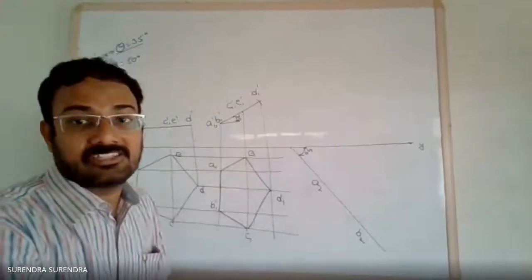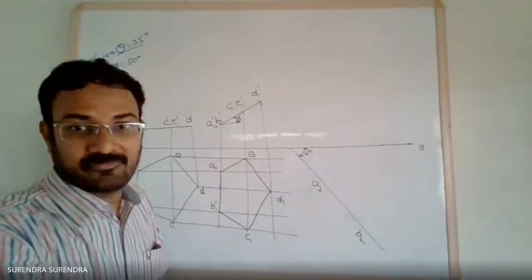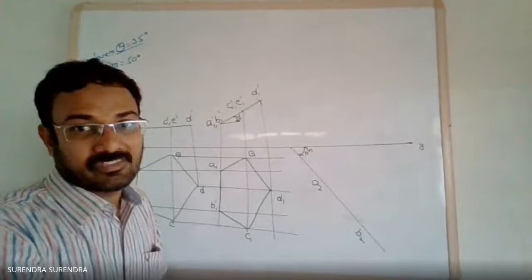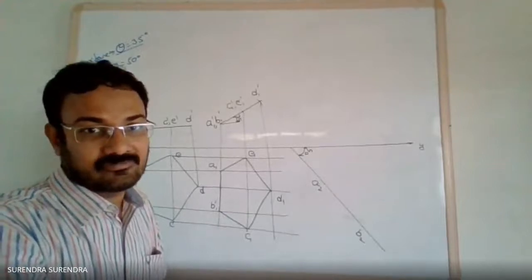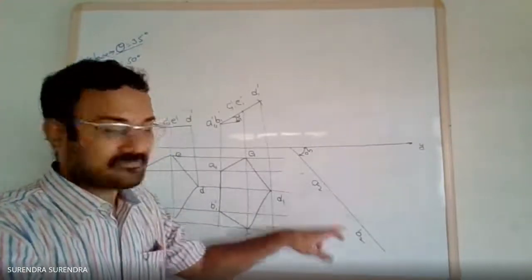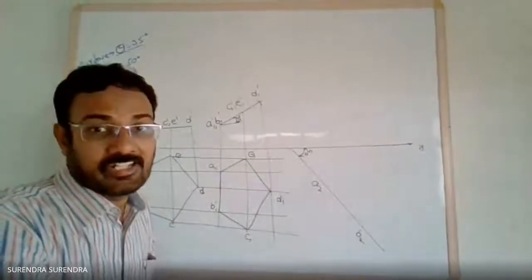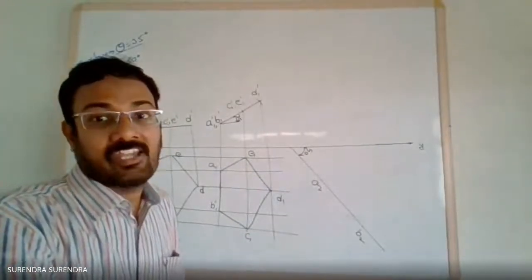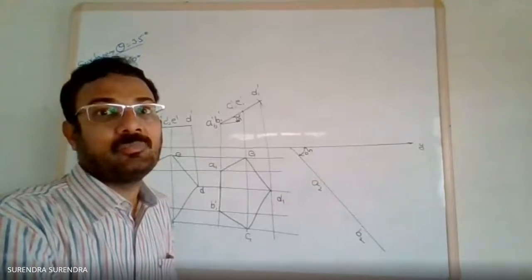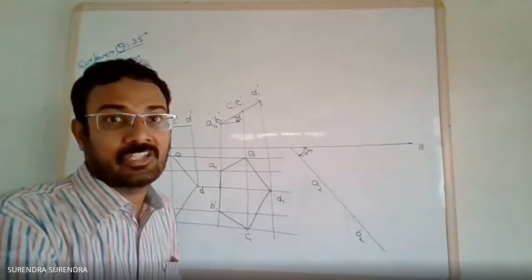Now the edge AB is inclined at 50 degrees to the VP in top view, as given in the problem.